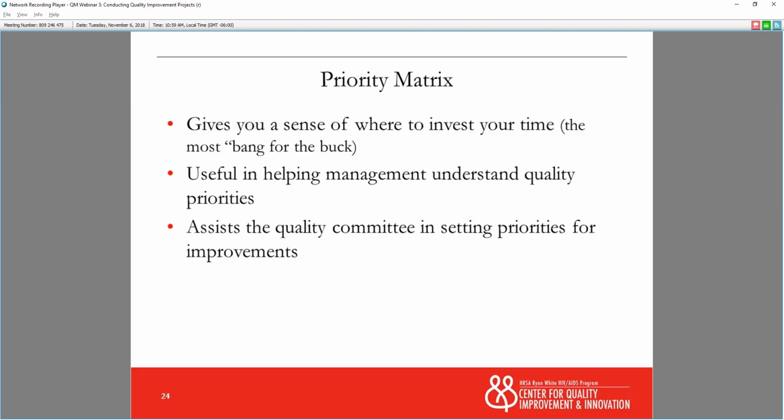So, again, where do you invest your time? Okay. Everybody can understand the quality priorities once you agree on them. And it gives focus to the organization. It gives focus to your improvement efforts. And hopefully the team, quote unquote, will function as a team always does and function better at decision making than one individual alone.